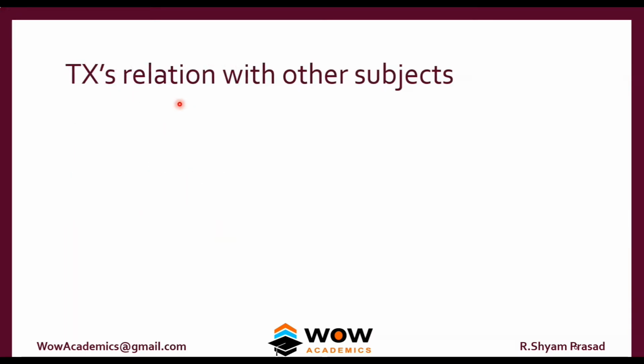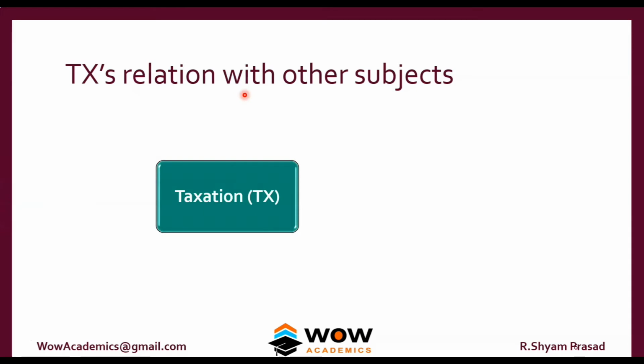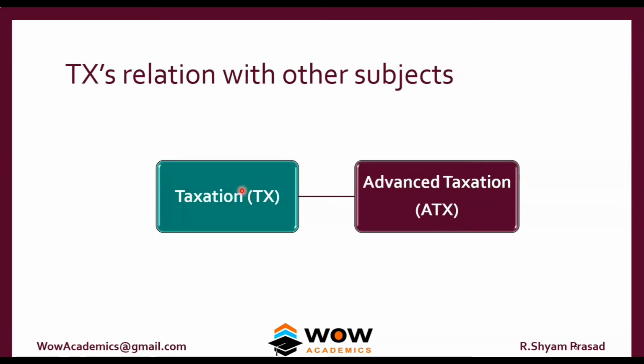What's the relationship between tax and other subjects? The taxation paper directly and fully comes under the ATX paper. It does not have any preceding paper, but the succeeding paper, ATX, has all the elements of the taxation paper. So it is mandatory that you study each and every area in taxation if you are going to choose ATX as the choice paper, right?